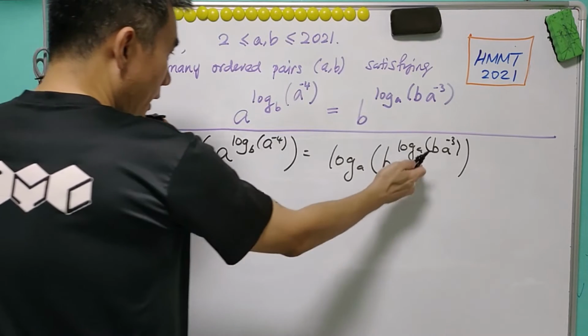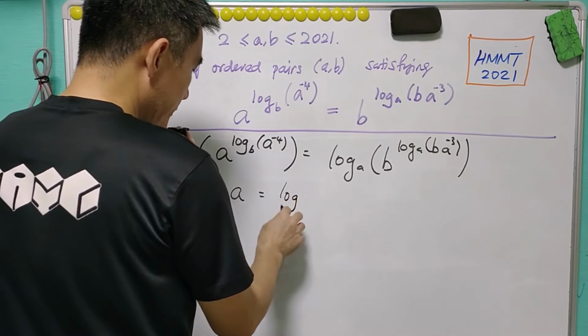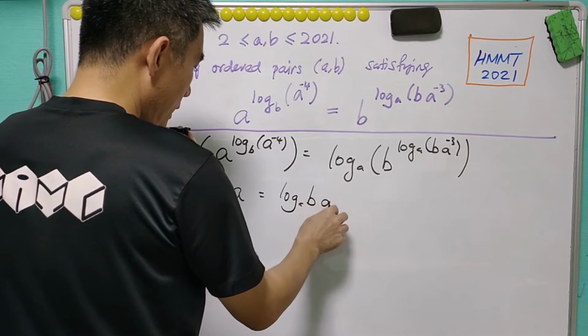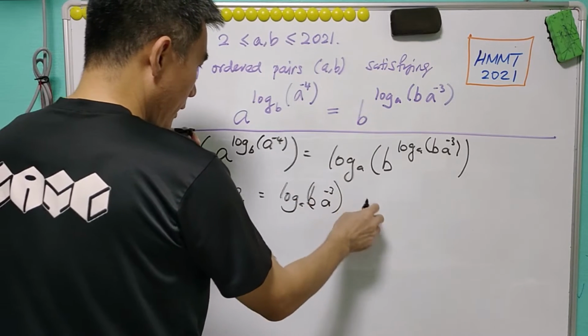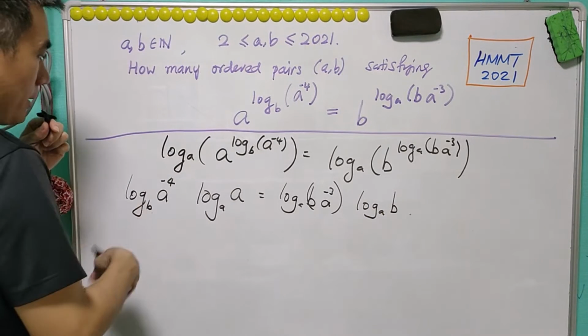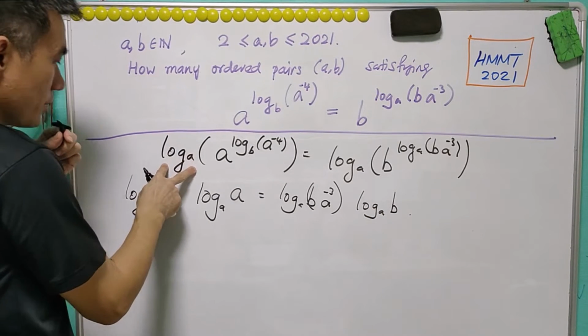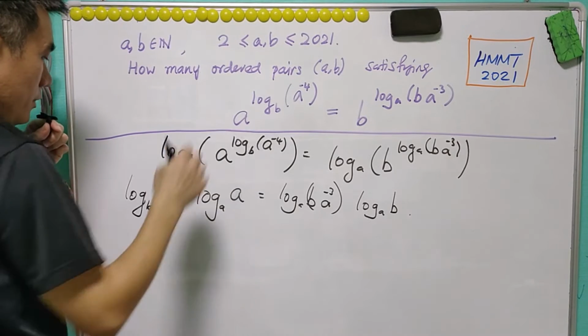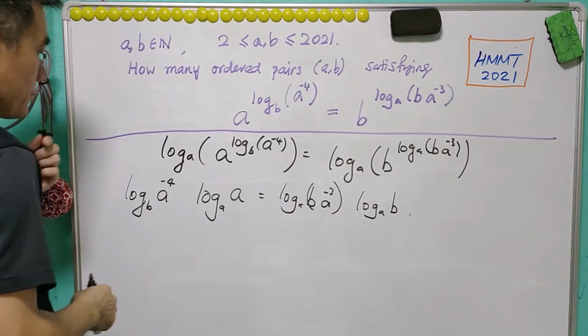And this will equal log a, b a^-3, and we are left with log a, b. It is valid to have this operation because a is always greater than or equal to 2.